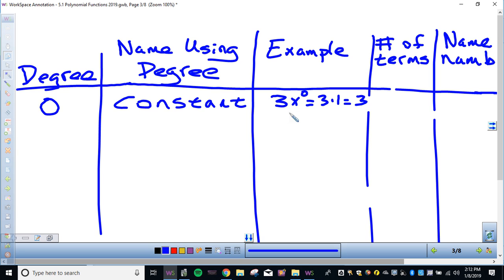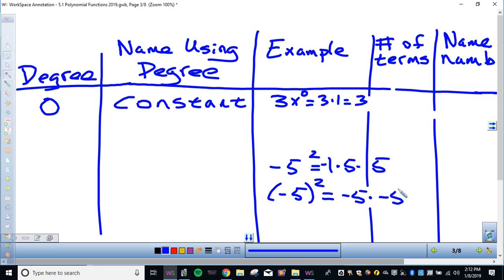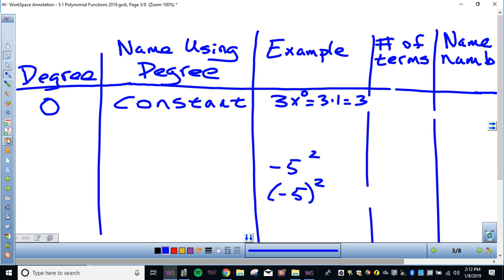The reason this works is because it's like negative 5 squared versus like negative 5 in parentheses squared. Right? This one means negative 1 times 5 times 5. This one means negative 5 times negative 5. So it's the same kind of concept where the negative is just by itself. It's kind of like a negative 1. So that's why that makes sense.